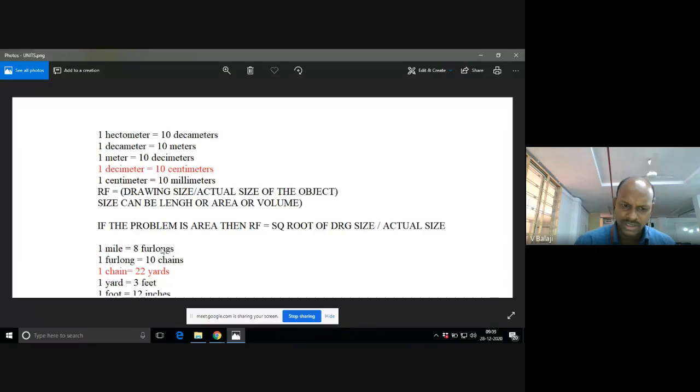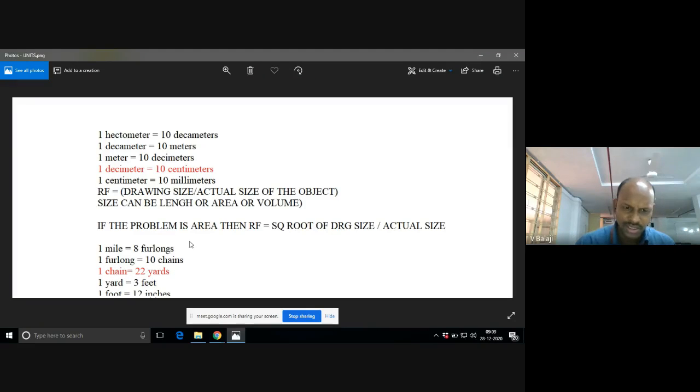In civil engineering, you will face the miles-furlongs-chains system, which we generally call the British system. 1 mile is equal to 8 furlongs, 1 furlong is 10 chains, 1 chain is 22 yards.